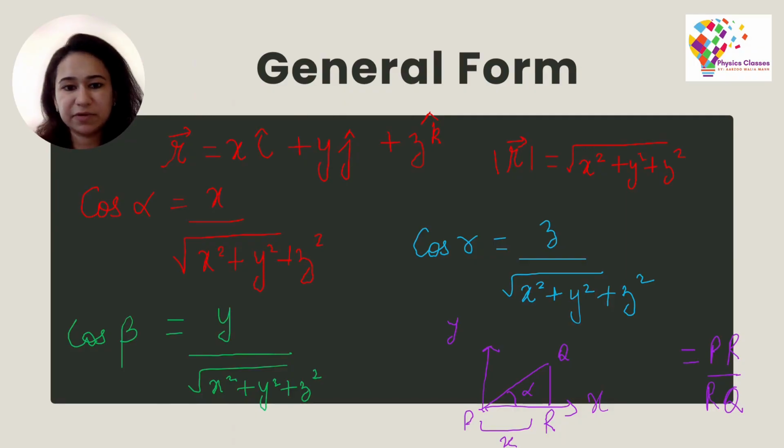That is why we are doing the respective angle component divided by the magnitude. So x by the root of x square plus y square plus z square. This is how we write the cosines. Fine, I hope you understand that. Let's move on to the next part where we will talk about the triangle law of vector addition.